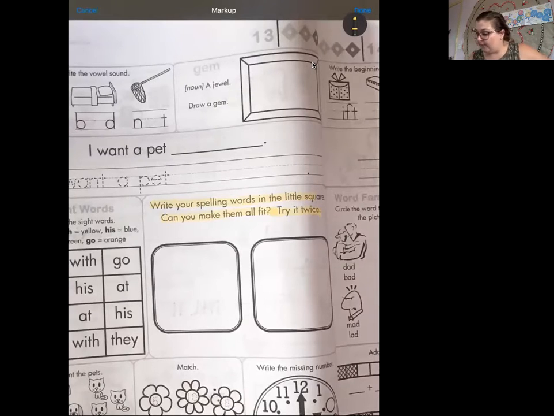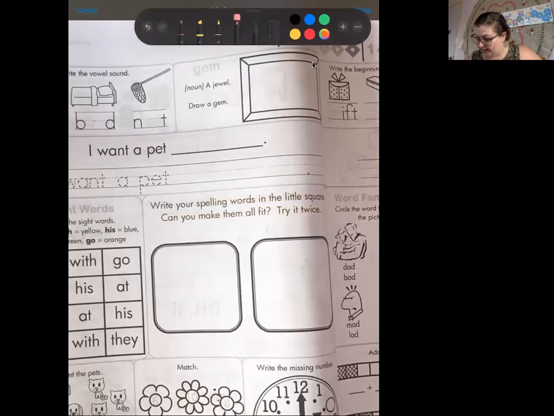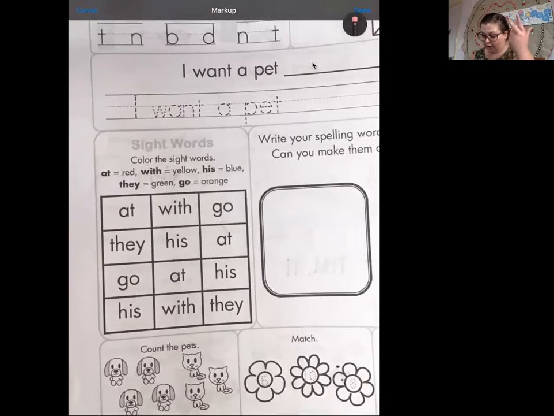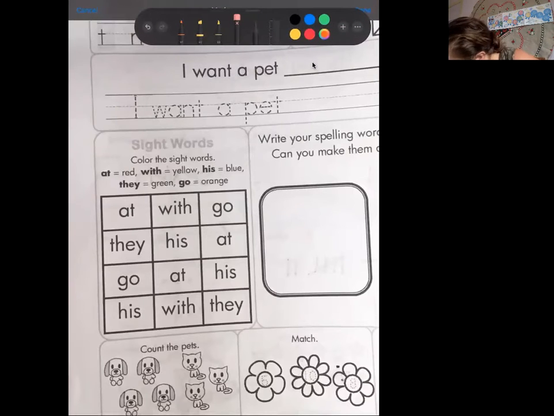So all of our spelling words, we need to try to fit into the square, right? So at, with, go, they, his, we're gonna all write in that little square in the beginning. So I'm gonna make sure that I have a skinnier marker, okay? You have your pencil, and let's all write at.